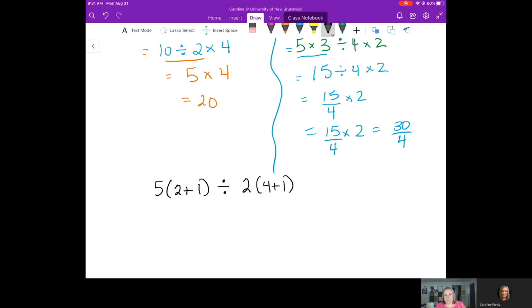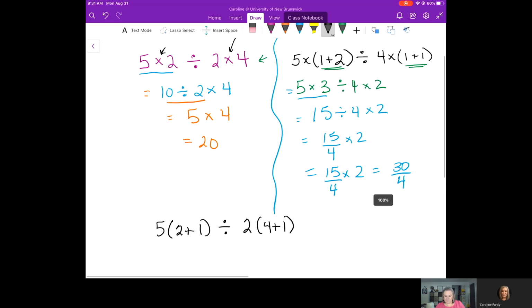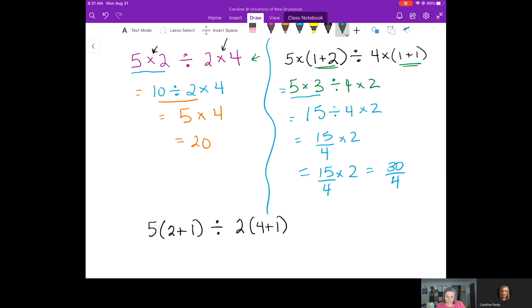The times sign is missing between the 5 and the 2. So this actually is not the same type of question. This isn't going from left to right. Putting the 5 onto the bracket is implying that these are one number. Those are stuck together, so you would do the divide last.